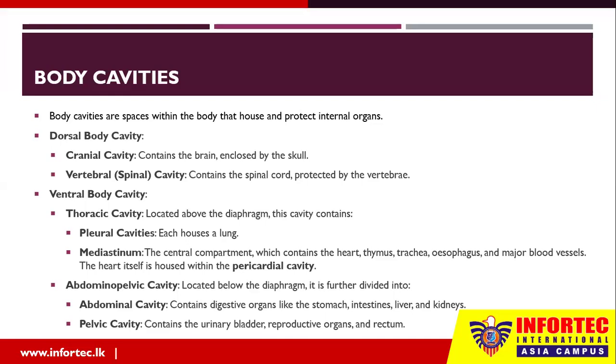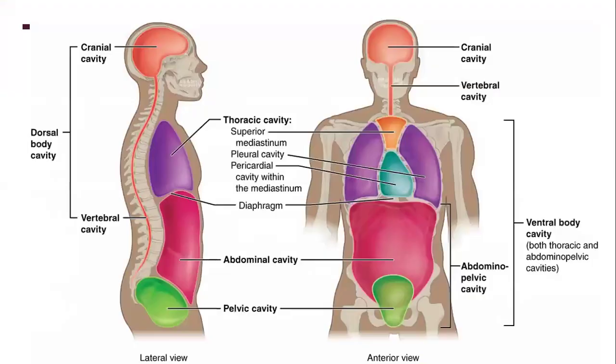The abdominopelvic cavity we can divide into two: abdominal cavity and pelvic cavity. The abdominal cavity contains digestive organs such as stomach, intestines, liver, and kidneys. The pelvic cavity contains the urinary bladder, reproductive organs, and the rectum, right?